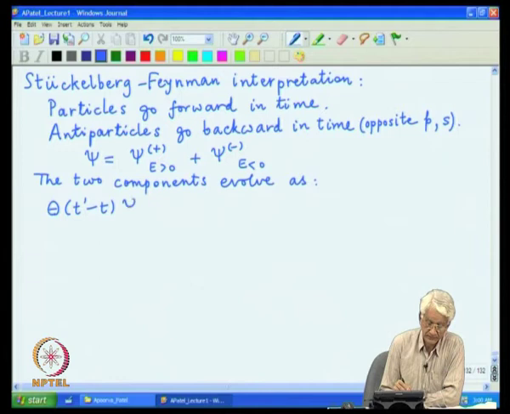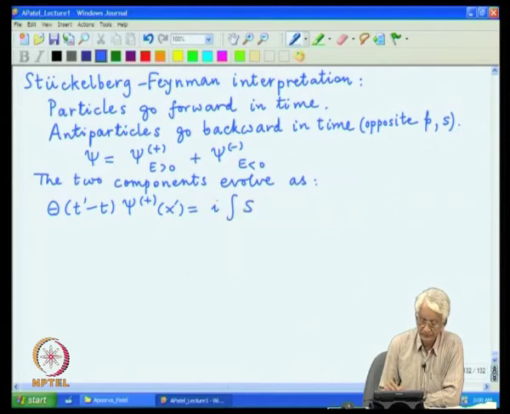So, one can use this step function, and that is the definition of the Green's function.